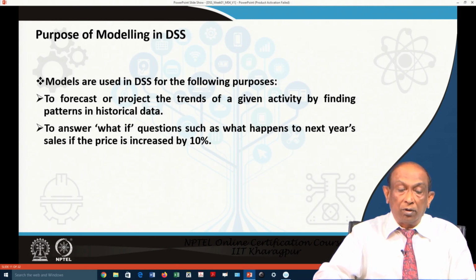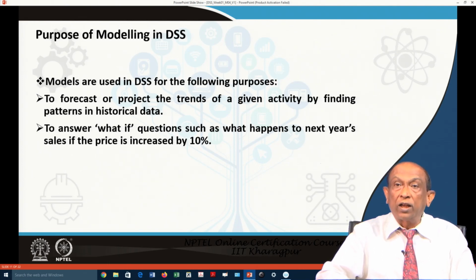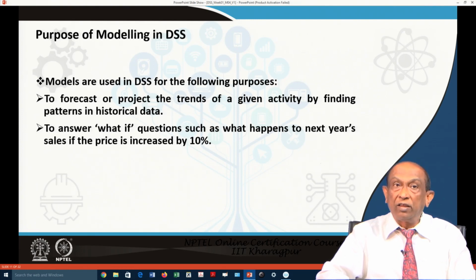And also models are used to answer what if questions, that is, I have already said sensitivity analysis type of problems, such as what happens to next year's sales if the price is increased by 10%, and these kind of models are highly used in every organization through the use of spreadsheets. Spreadsheet models, they are very effective in solving sensitivity analysis type of problems.